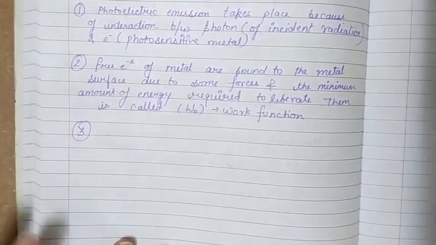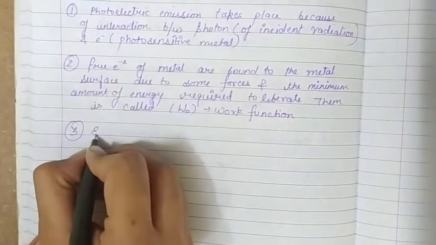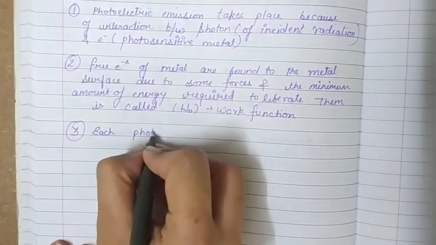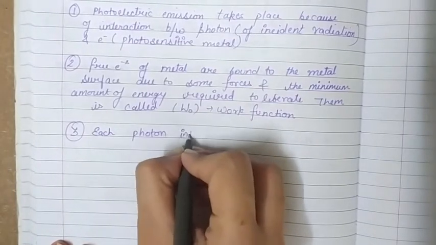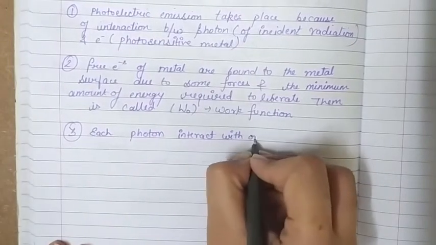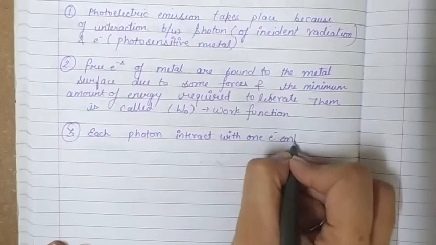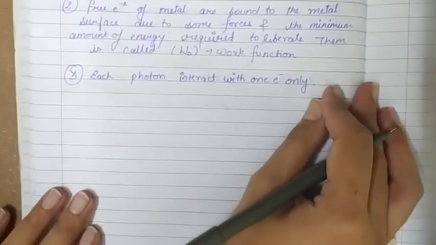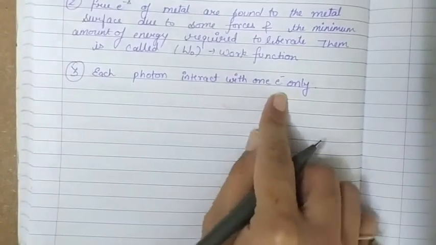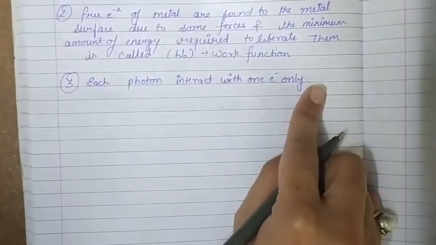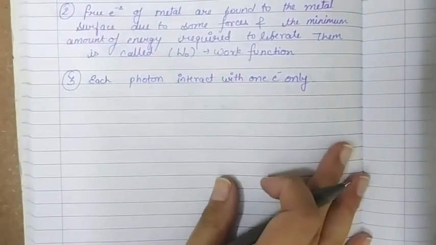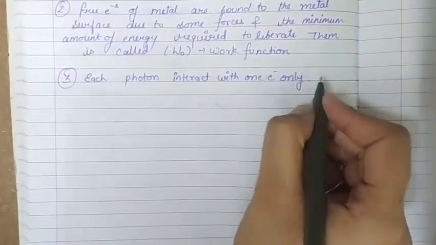So we can write the third point as: each photon interacts with one electron only, meaning one photon cannot interact with more than one electron, it will give its whole energy to a single electron only.